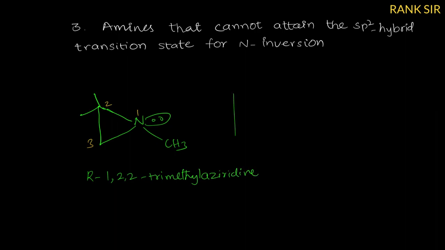Its mirror image, I am drawing now: N, and here a lone pair, and this is a methyl group and this is a ring. In this ring we have the two methyl groups. This is chiral, and the same name with the S configuration. These two are which one?